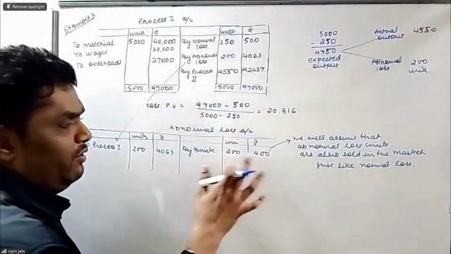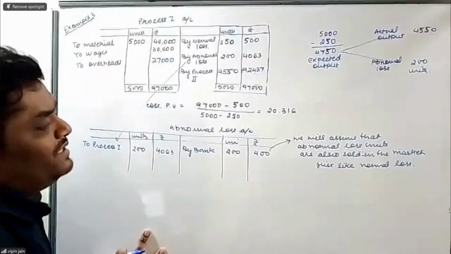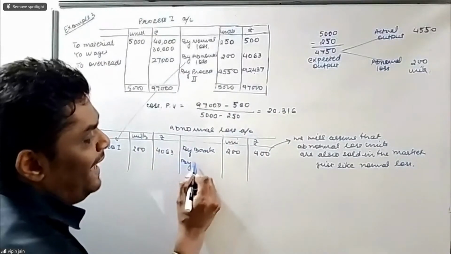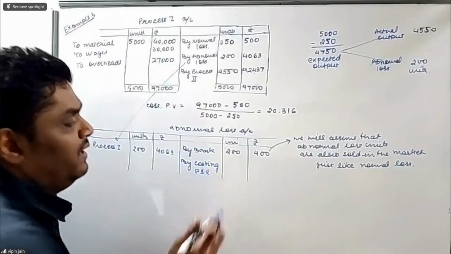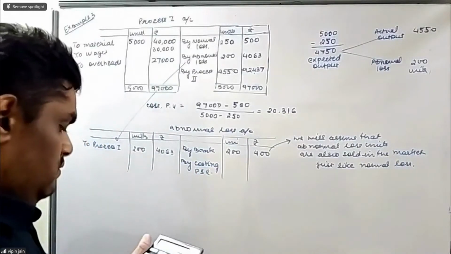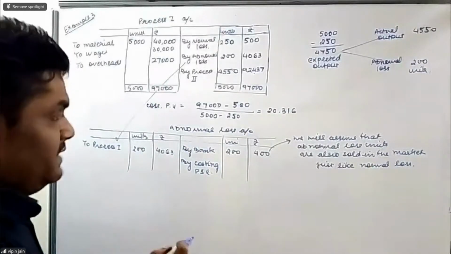So on 200 units, we have realized 400. But the actual value of these 200 units is 4,063. So the balance amount will be transferred to costing P&L, 3,663.